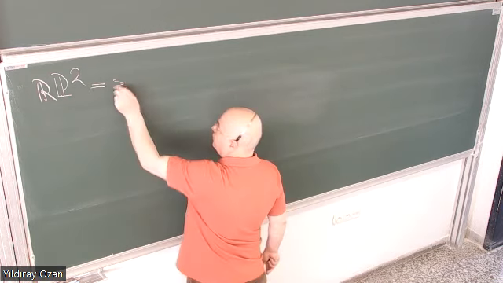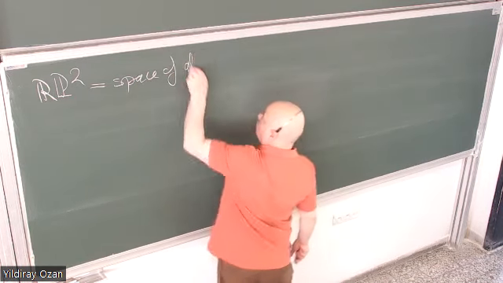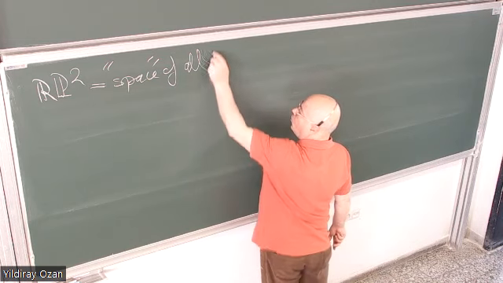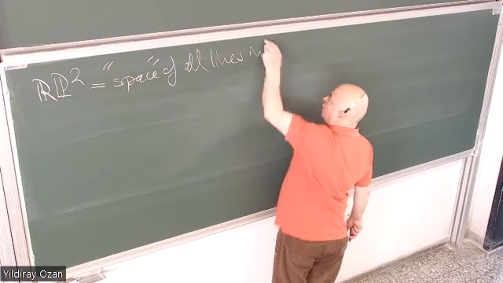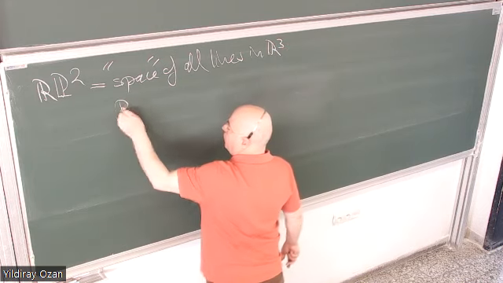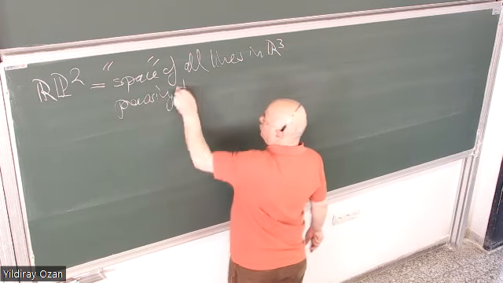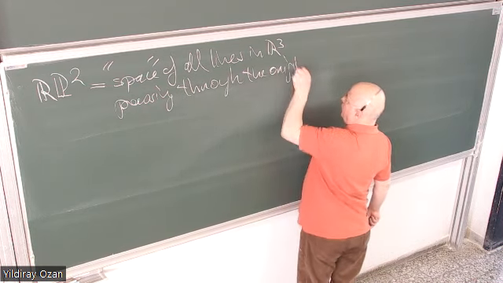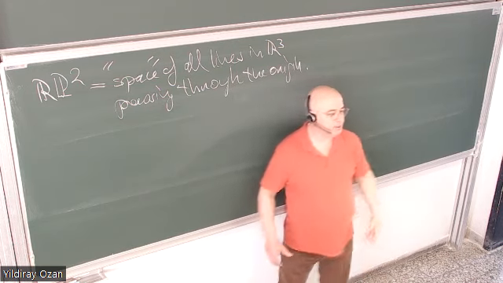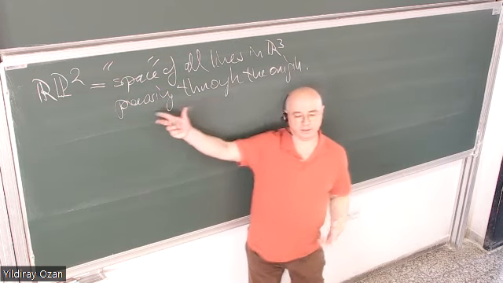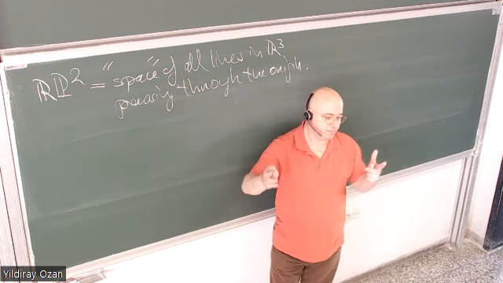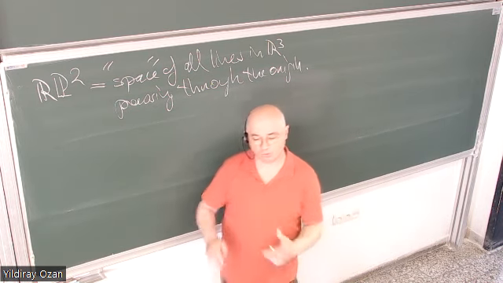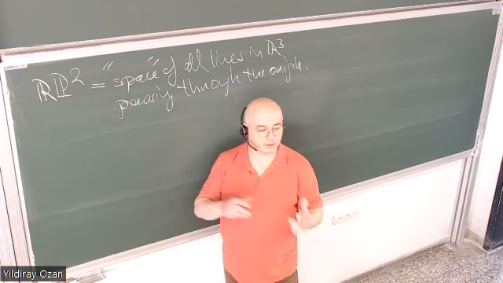Space of all lines in R3 passing through the origin. Space deyince, when we say space, it can be a vector space, but in our case it will be a topological space. Okay, so we need to have open sets, closed sets, and so on.